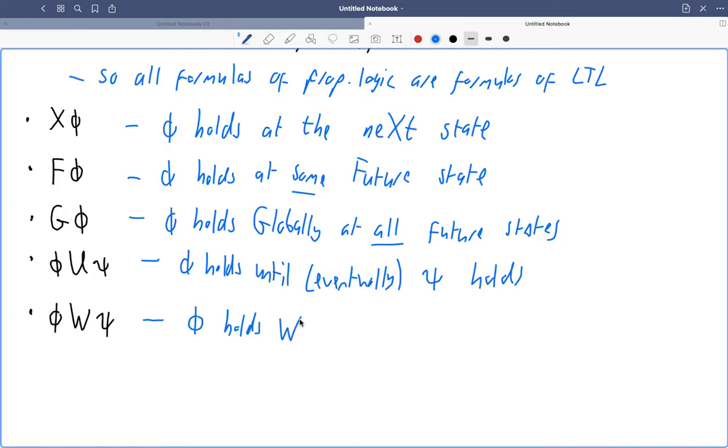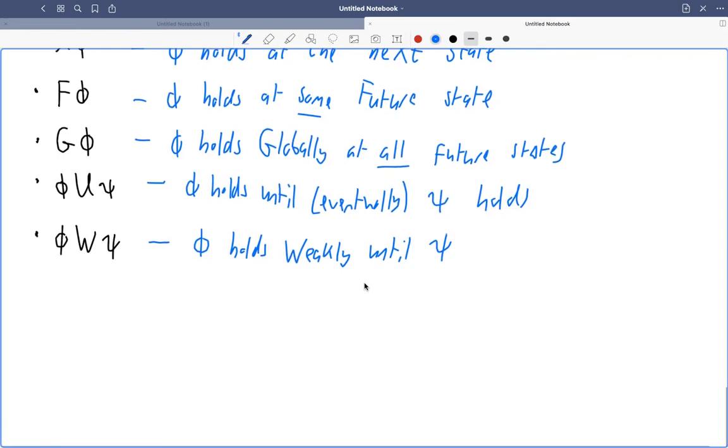The W stands for weakly until psi. That's phi holds until either it keeps on holding or eventually we get to psi, whereas the until is saying that we will eventually get to psi.